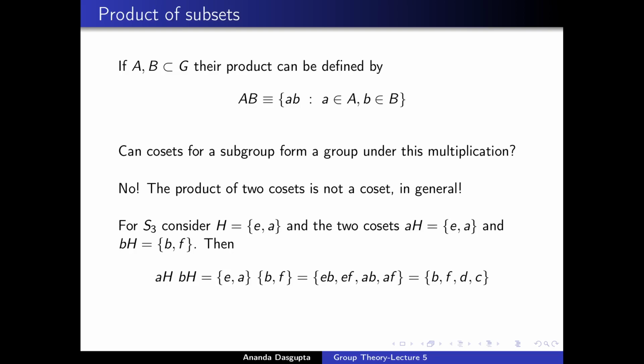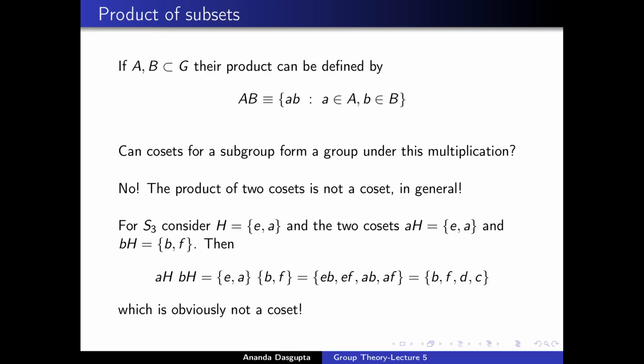In fact, since no subgroup of S3 can have order 4, remember Lagrange's theorem insists that the order of a subgroup has to divide the order of the group, and 4 obviously does not divide 6, BFDC, the result that we have, cannot be the coset not only for this particular subgroup but for any subgroup. Well, frankly, that last thing was a bit of an overkill. All you really needed to show was that this is not a coset with respect to H.